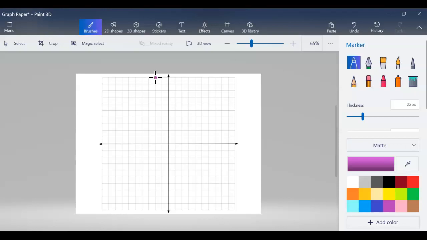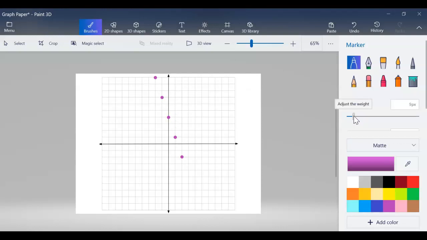My grid only goes up to 10, but that's okay. (-1, 7): 1, 2, 3, 4, 5, 6, 7. Looks good. (0, 4): 0, 1, 2, 3, 4. (1, 1). That one's nice. And then (2, -2). So now we've established the pattern. Again, if you don't want to use this very top one, that's fine.